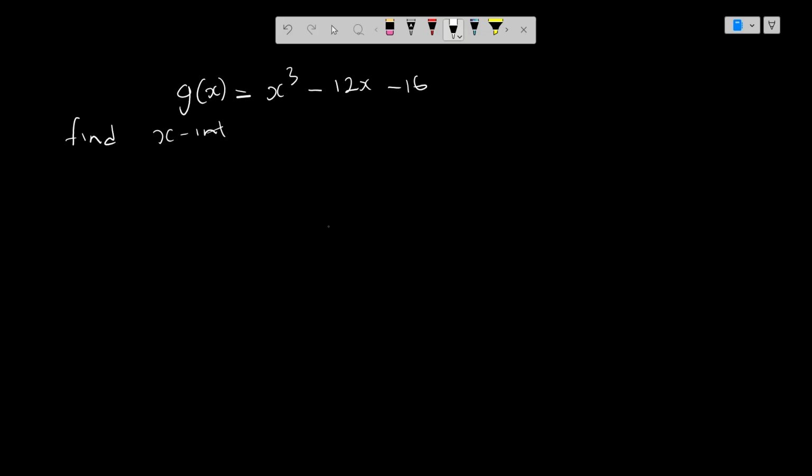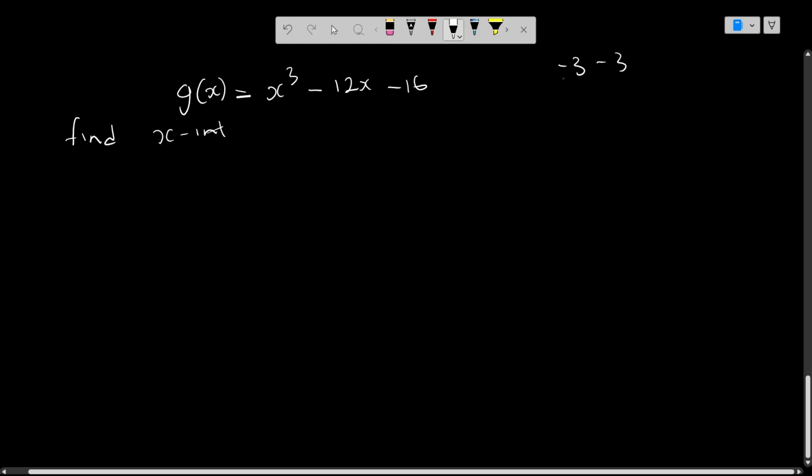Okay, so the first thing that you have to do is basically find the value of x that will make the function equal to 0, from negative 3 to positive 3, right? So starting from negative 3, you put in negative 3, and then let's see what we get. Make sure you use the brackets.